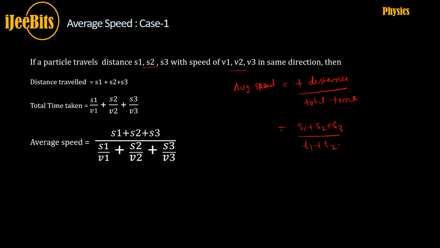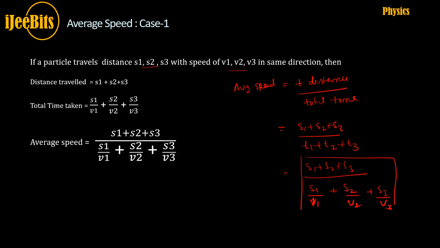How do you get T1, T2, T3? T1 is S1 by V1, distance S2 by speed V2, distance S3 by speed V3. So this is the formula. You have to remember.